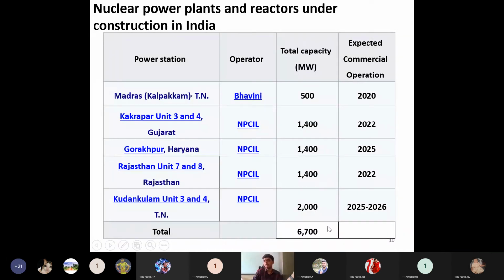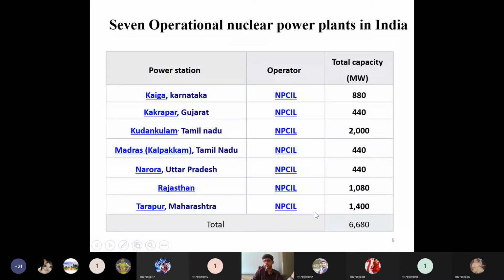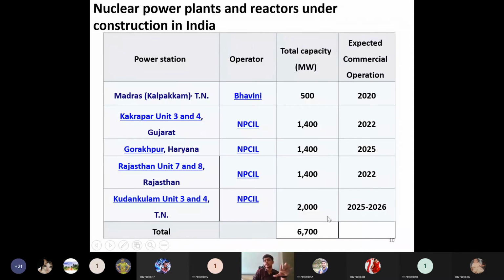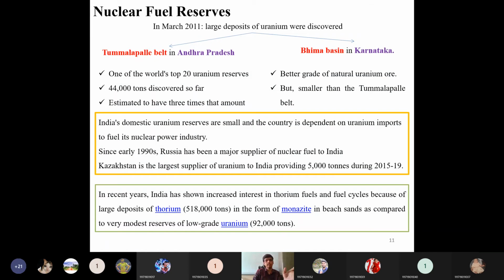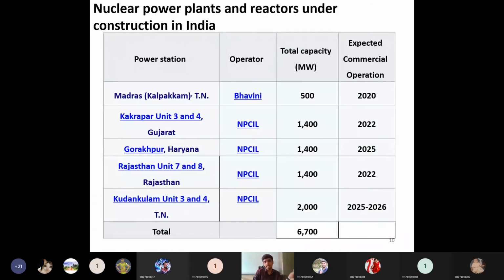All together, there is a capacity addition of 6,700 megawatts. So nearly 6,700 is already operational, and this 6,700 will be coming into operation by 2025 and 2026. Okay, these are the details of various power plants in India.